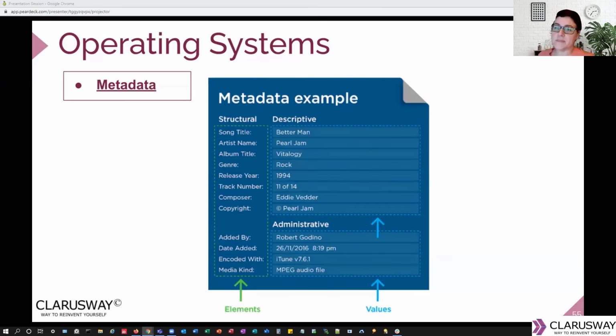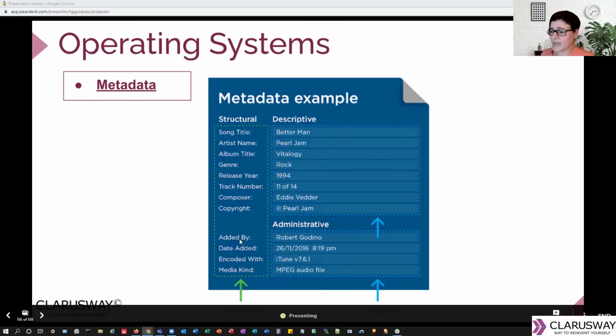Unless you are into data management, some of this stuff may not even cross your field of vision. So here they have examples of who added the song to, we'll say this is a database, when it was added, what was it encoded with? So what type of programming or application encoding, media kind.